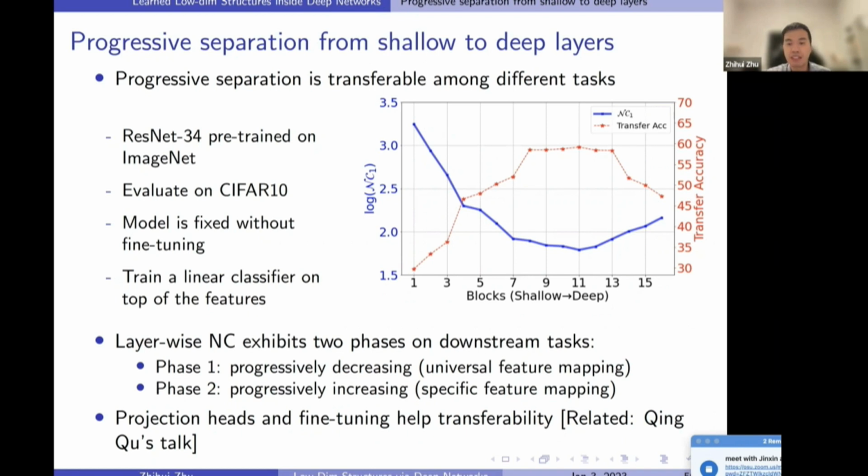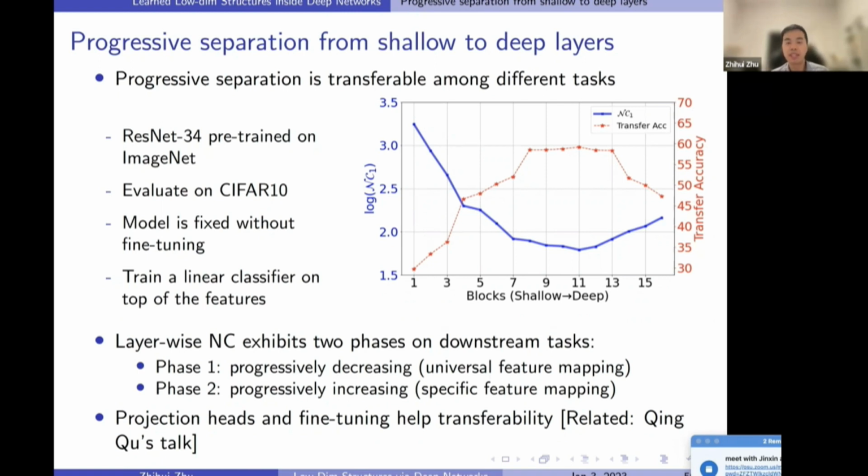Then in the second phase, after the 11th block, the neural collapse actually increases, which means that this part of the pre-trained network is specific to the particular dataset, ImageNet.